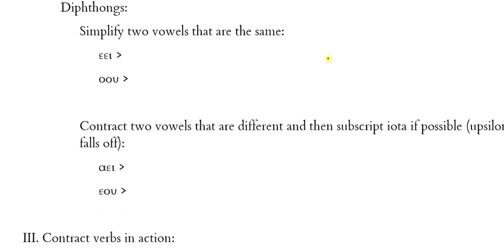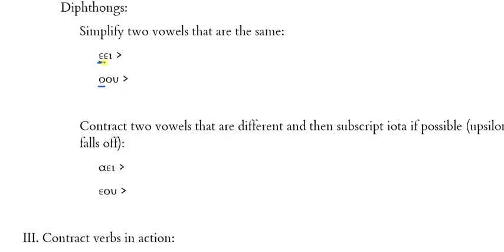All right, and then the last set of contractions here have to do with when vowels get to interacting with diphthongs. Okay, so what kind of situations will we have here? Well, I could have vowels that come up against diphthongs where the vowel matches the first member of the diphthong.